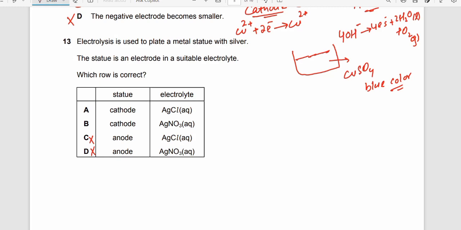Silver chloride, actually, this is not aqueous. Silver chloride is insoluble, so its electrolyte is not formed. It gives the white precipitate, so that's why it's not possible. Silver nitrate is okay.